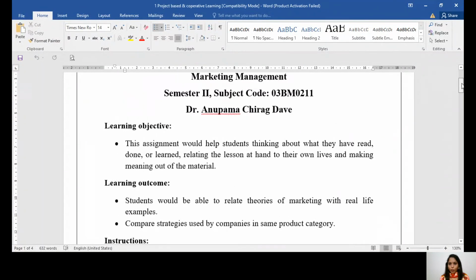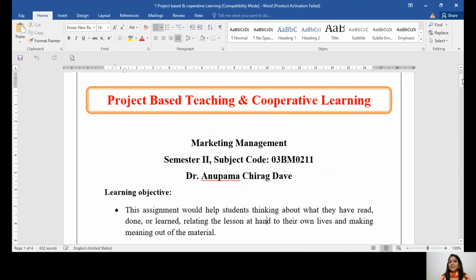I assume that this Word document is visible. This is an example of project-based teaching and cooperative learning.